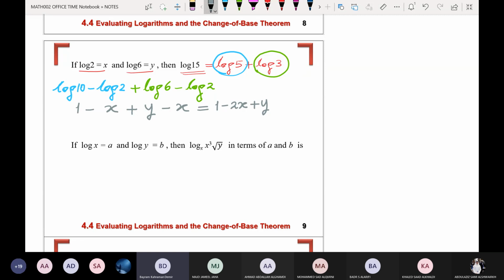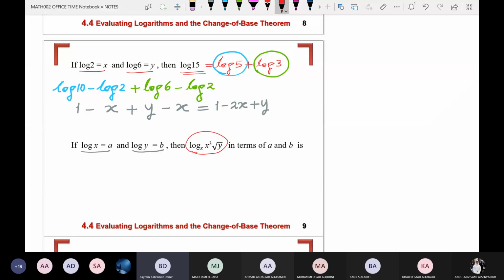Okay. Well, a similar question. We have logarithm of x given as a, logarithm of y given as b. So we need to play with this logarithm, but with base x here. You notice that? This is base x.